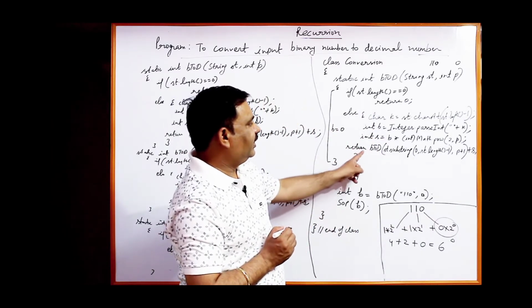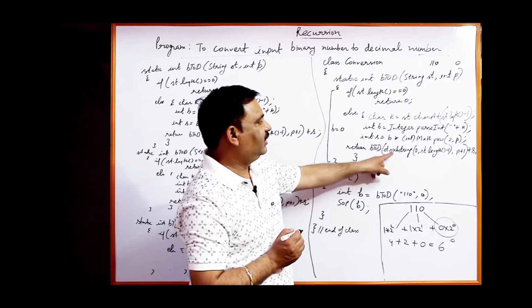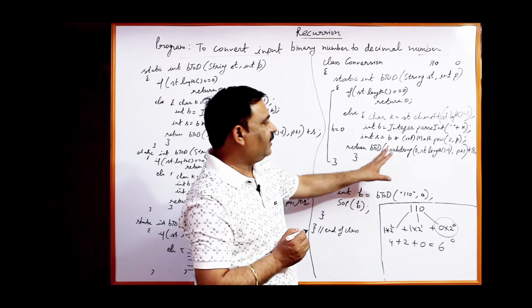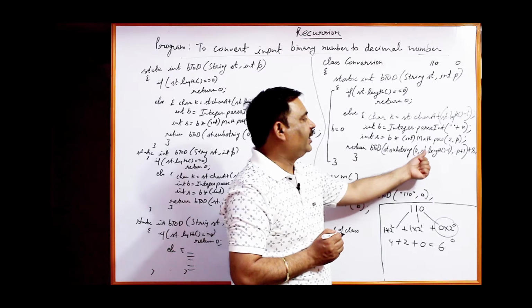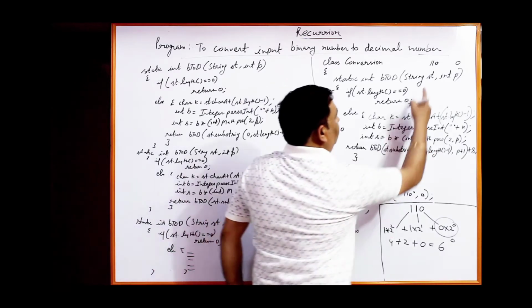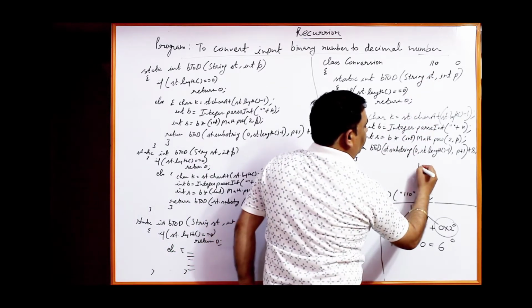Now call the function again, but this time how will you call? I have written st.substring(0, st.length() minus 1). This time I have to pass not 110, I have to pass only 11.